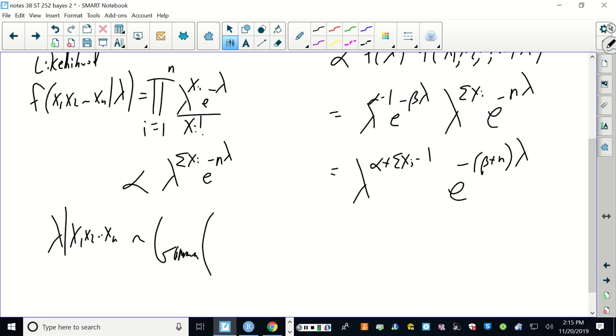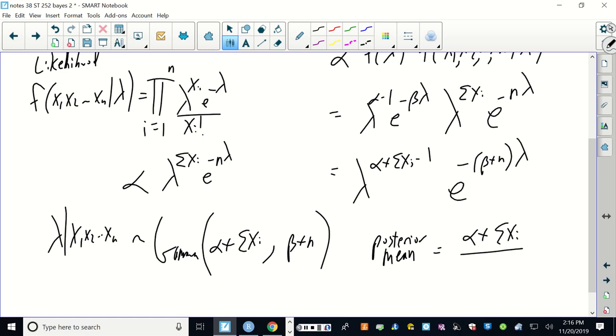Its parameters are alpha plus the sum of the xi's, and the second one is beta plus n. So the posterior mean for lambda, the posterior expectation where we think it is going to be, is alpha plus the sum of xi's over beta plus n.